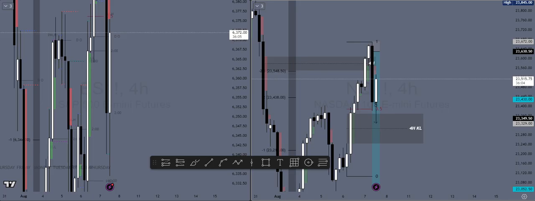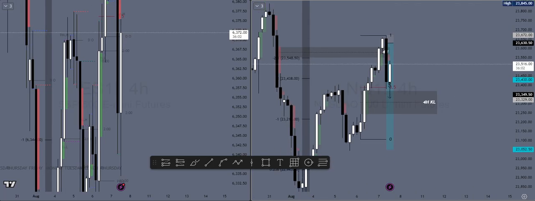So, looking at this, if we are bullish, we want to see our higher high, lower low, higher high, and we wanted to catch that low. So what do we see? We see a 4-hour discount PD ray.